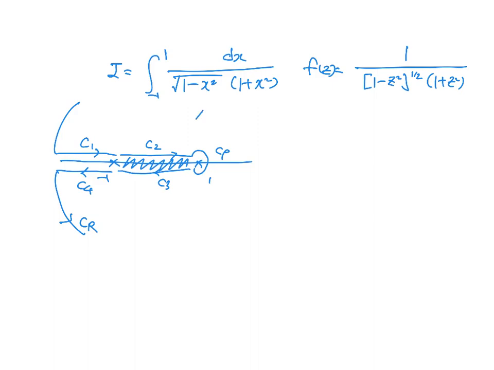And we have two poles, right? i and minus i. So on C1, from minus infinity to minus 1, this is pi, so we have a minus sign.